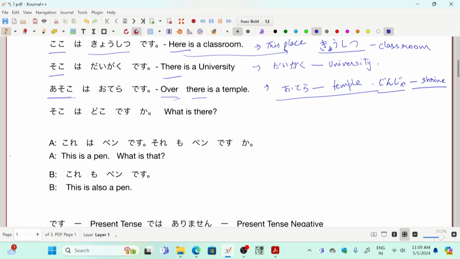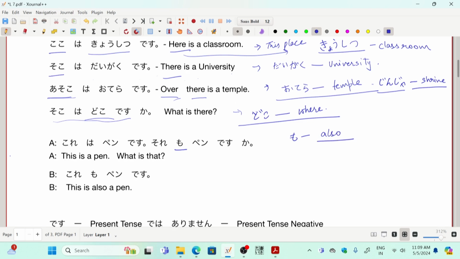Next is soko wa doko desu ka? Where is there? The question for koko, soko and asoko is doko. So doko is where. Now we also learn about the particle mo, which means also.